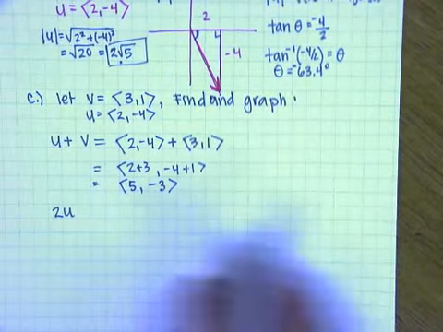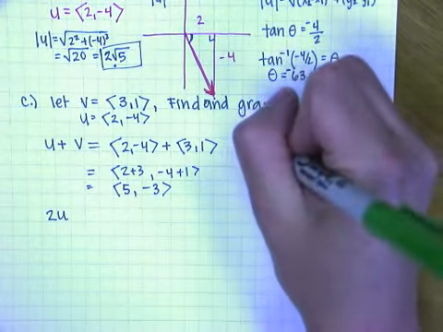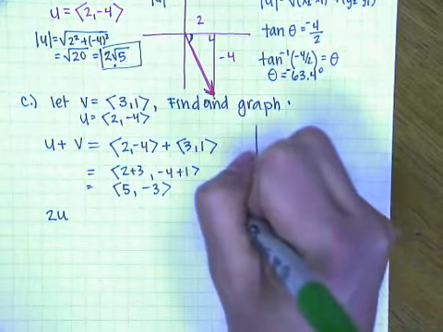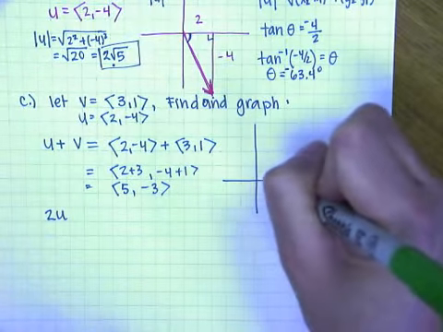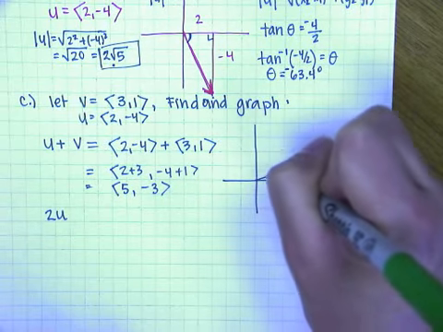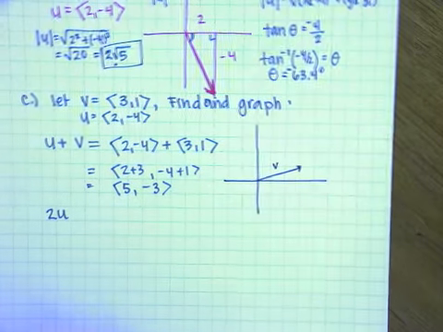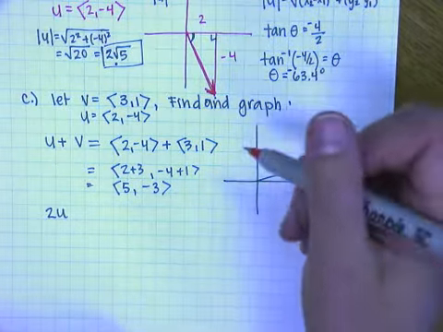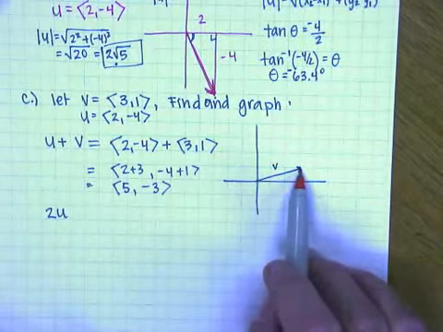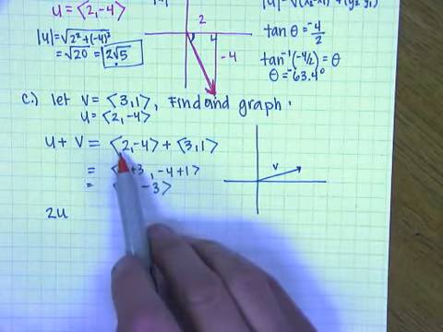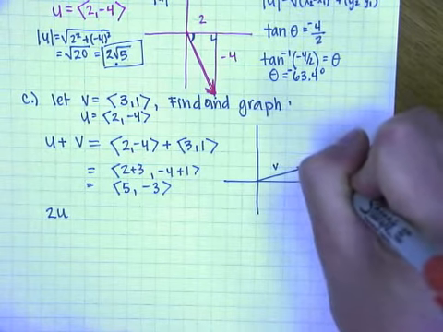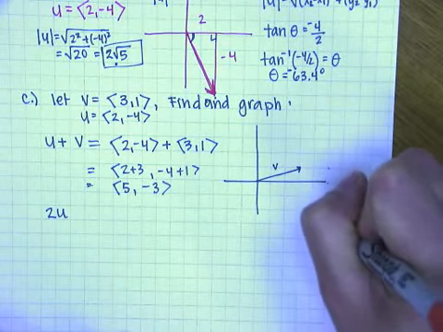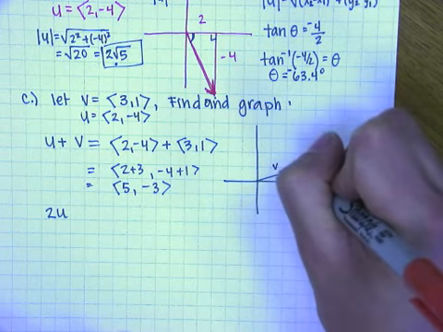I can do this algebraically. I can also do it with a picture. So if I were to do this pictorially, I would have the vector over 3, 1, 2, 3, up 1. There's my vector v. And I would have, from the end of vector v, since I'm adding u to it, I would go over 2 and down 4. So from this vector, I'm going to go over 2 and down 1, 2, 3, 4, right here.